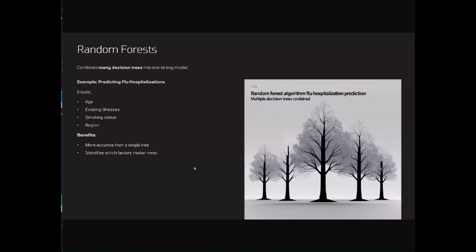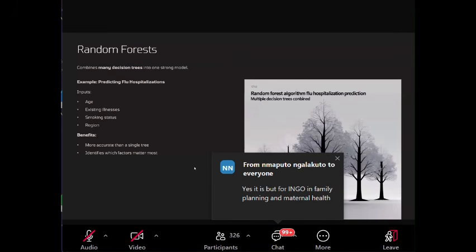So a decision tree is a tree. Where you have so many trees, it will form a forest. So that's why it's called random forest. Random forest is simply combining many decision trees into one strong model.